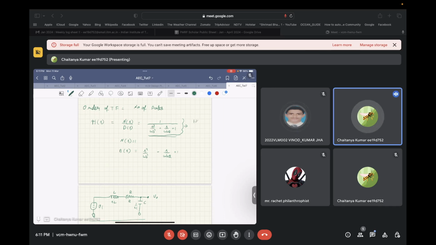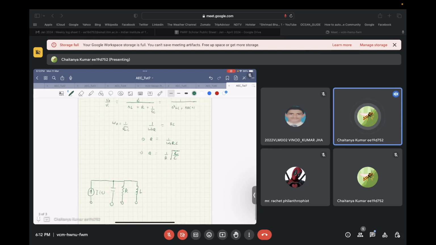At s equal to 0, all of the S terms go to 0 and your response comes out to be 1. At H(s), when s is tending to infinity, your denominator goes to infinity and 1 by infinity goes to 0. So this is a low pass transfer function.